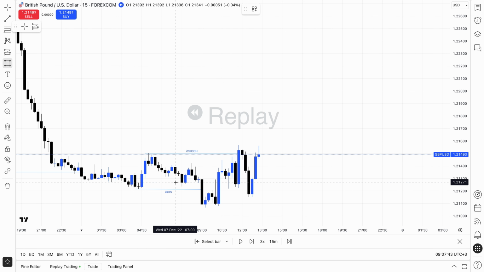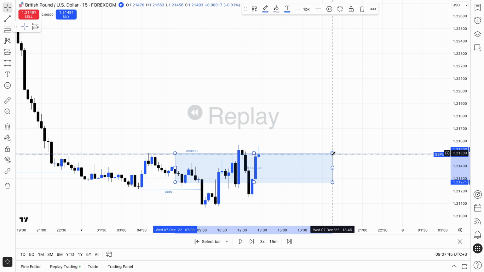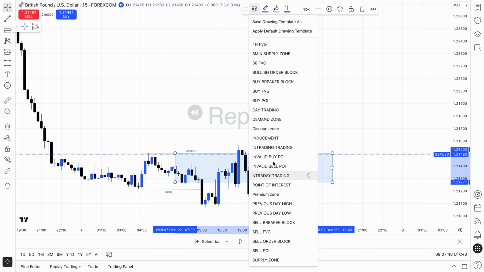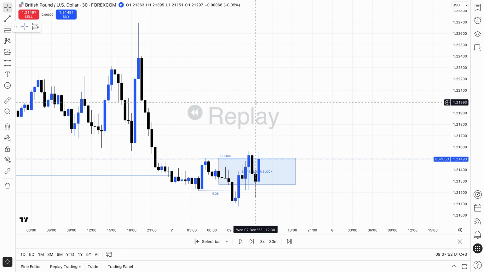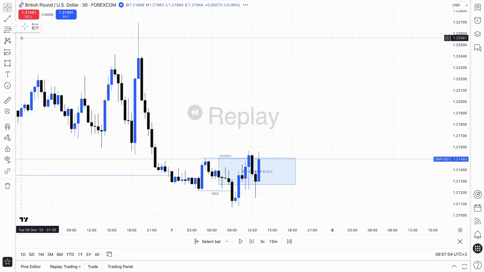And also had our breaker block just here. 30 minutes, clean confirmation, clean entry.